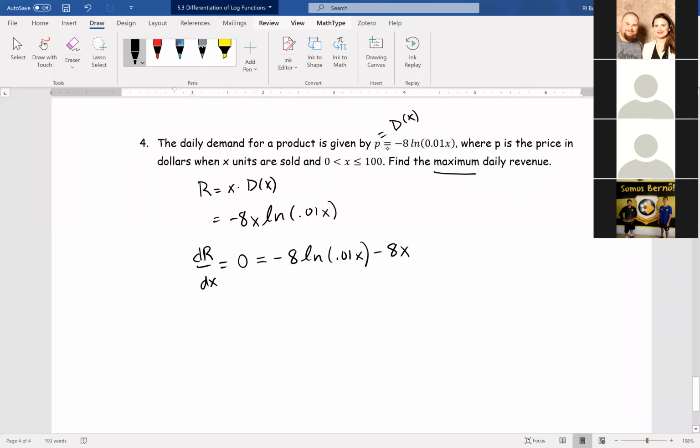The derivative of natural log is 1 over the inside times the derivative of the inside. Those would cancel, x's would cancel. So we have this.